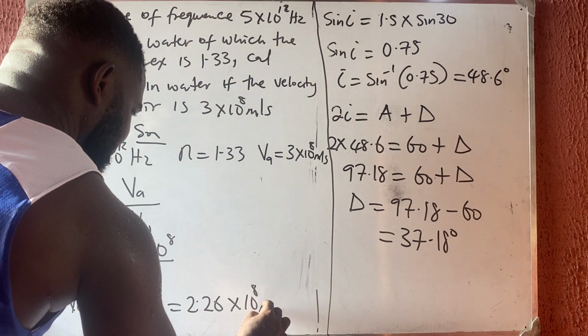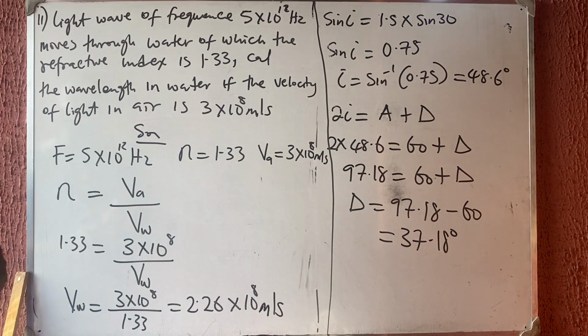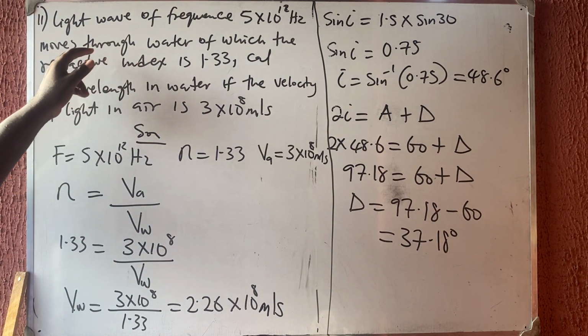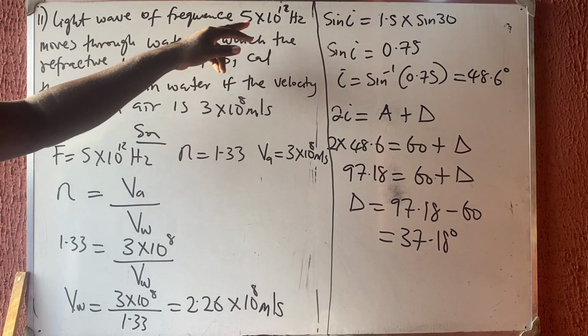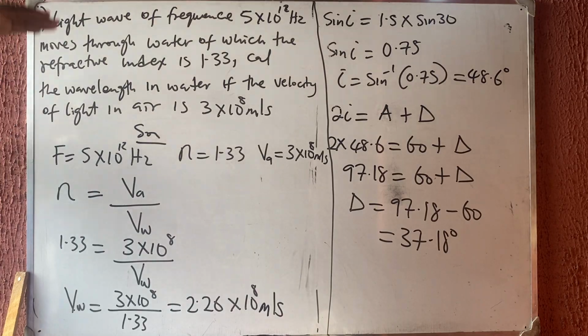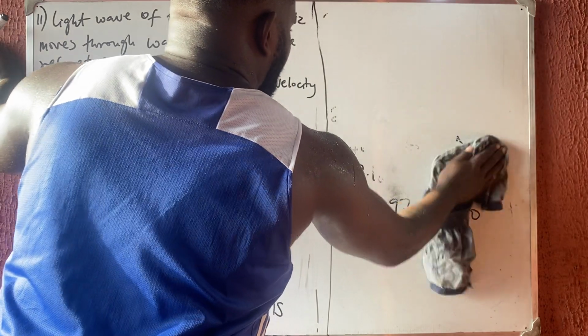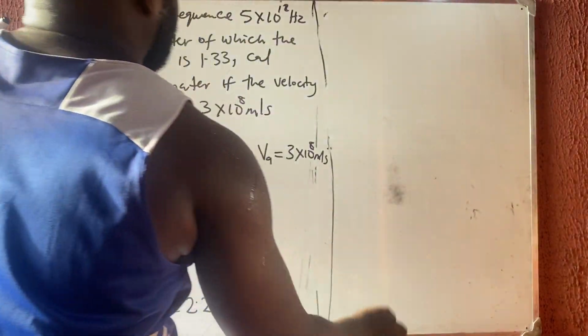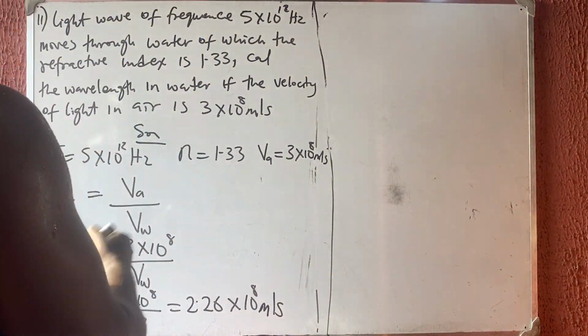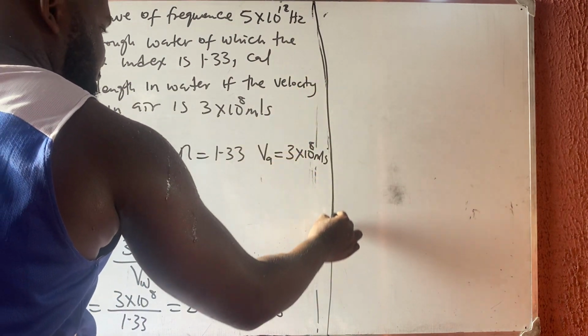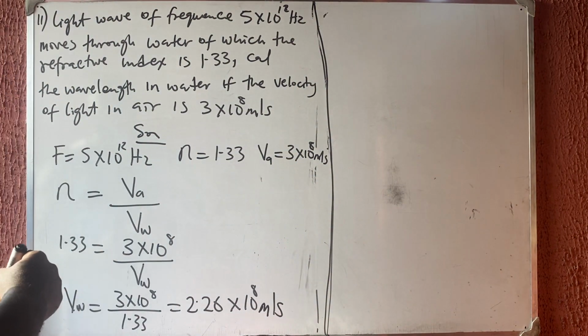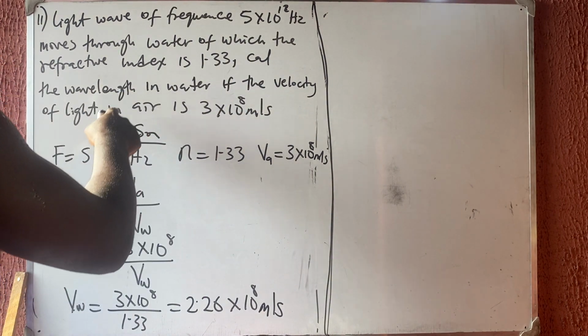You know that the frequency in air must be the same thing in water, or in glass, because the frequency does not change. It's only the wavelength and the velocity that change. So what they say we should calculate is the wavelength in water.